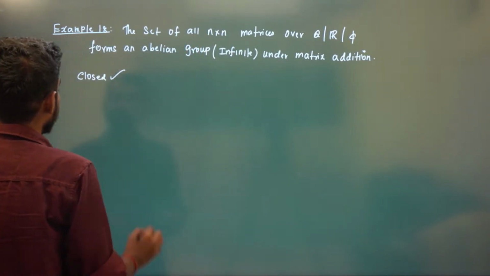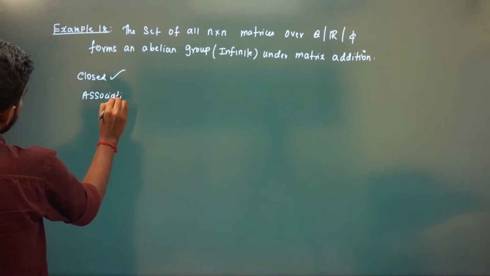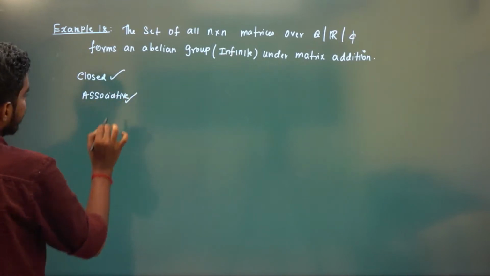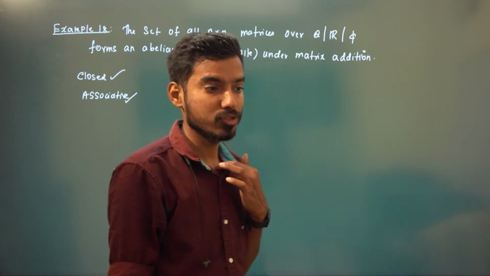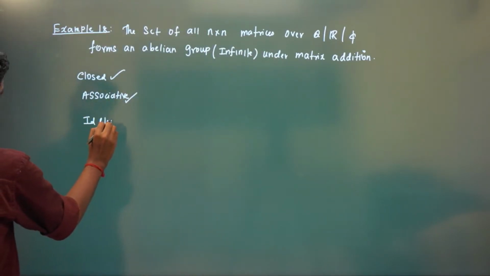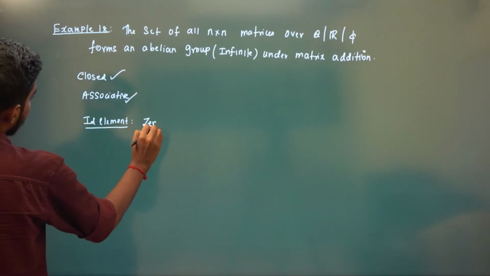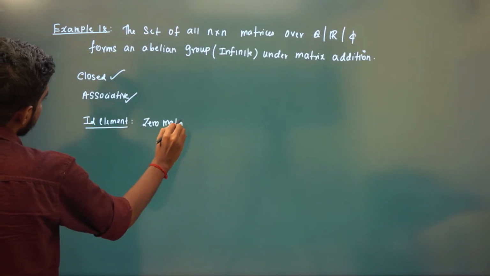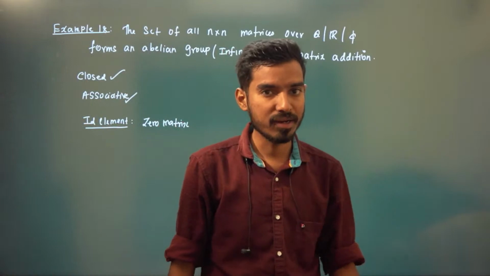Closed, and it is associative also, right? Matrix addition is always associative. And what about the identity element? The zero matrix will serve as our identity element, because if you add any matrix to the zero matrix, you will get that matrix back again.